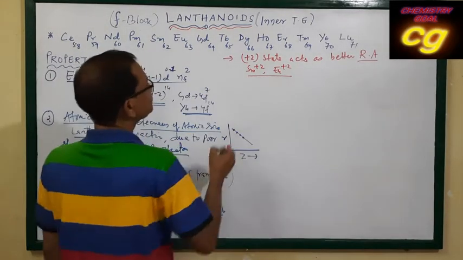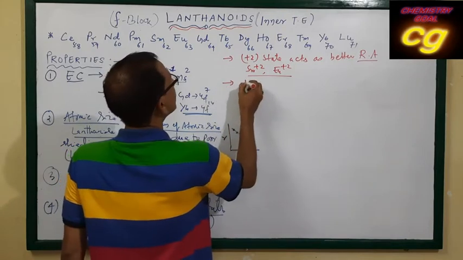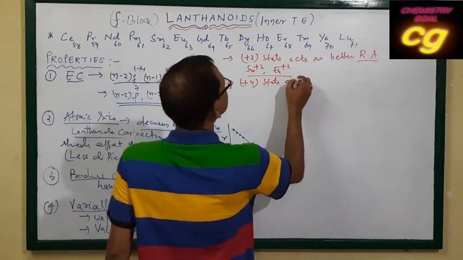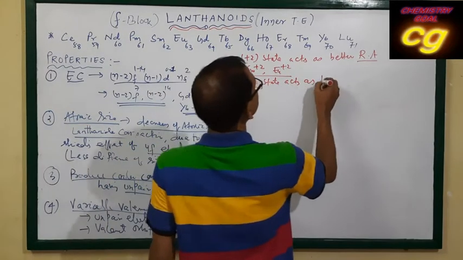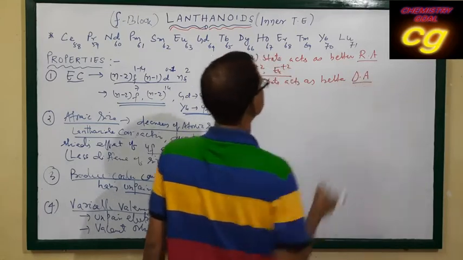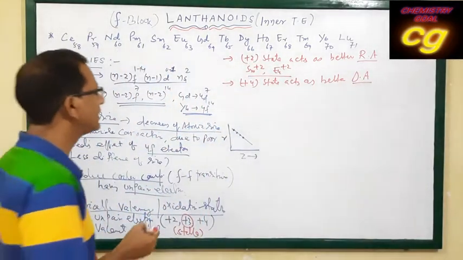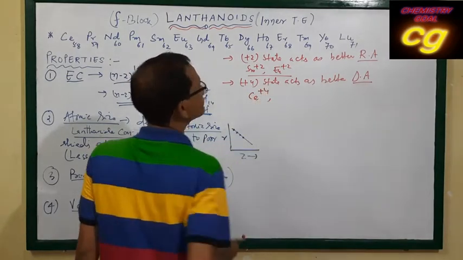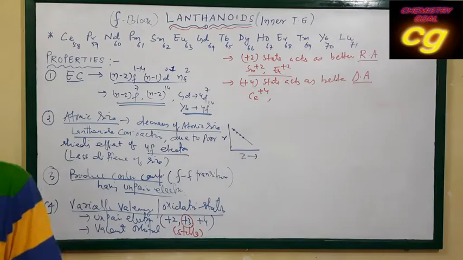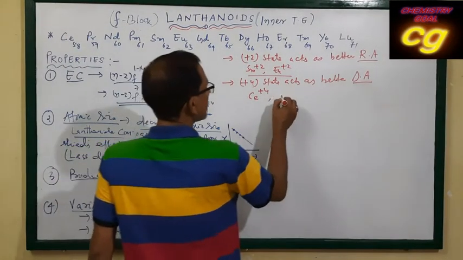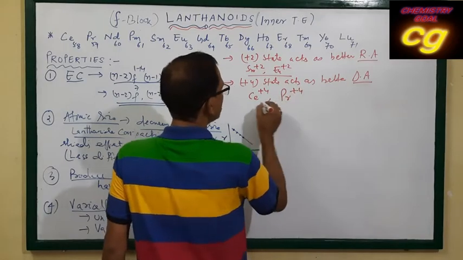Similarly, the +4 state acts as a better oxidizing agent. For example, cerium +4, and praseodymium +4.